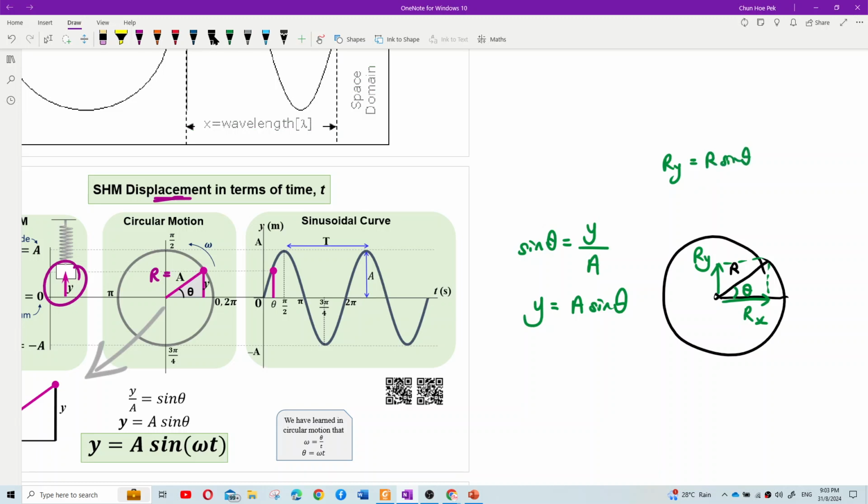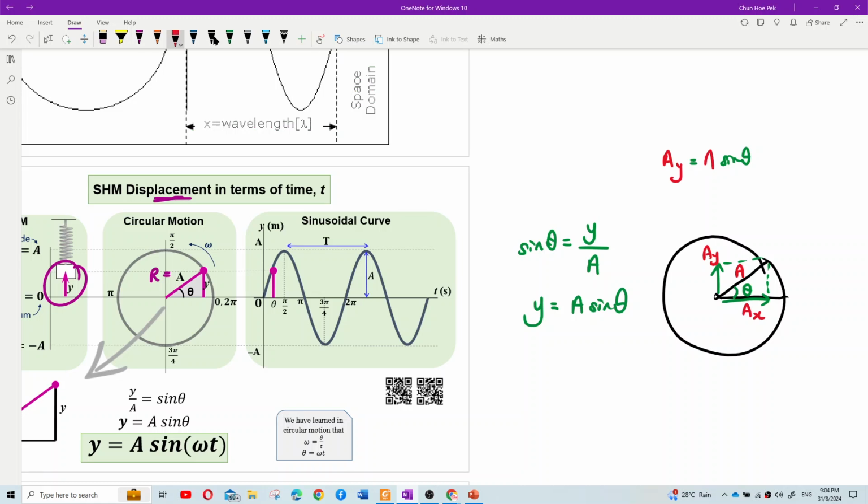Dia punya ry ialah r sin theta. Tapi kita guna A instead of r, kita guna amplitude, faham tak? Kita guna simbol A sebab kita sudah tahu radius itu ialah amplitude. So ini AY, AX. Dia punya AY ialah A sin theta.